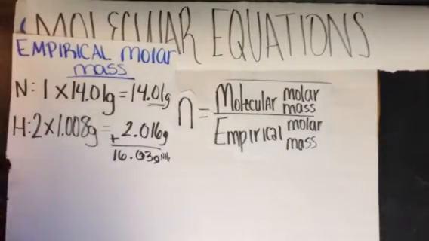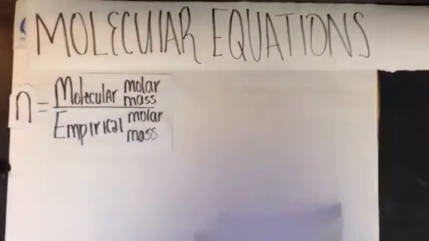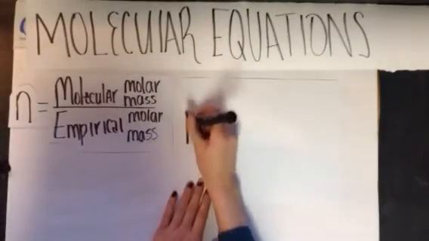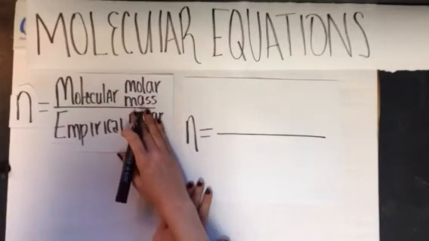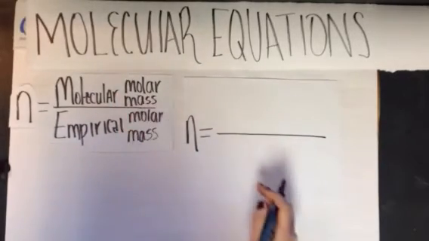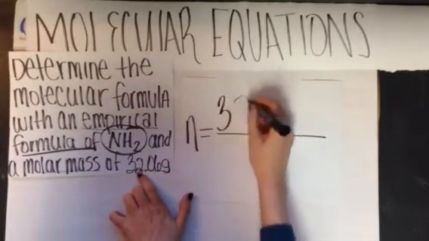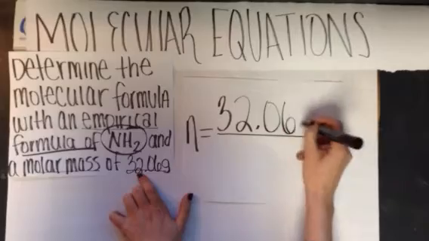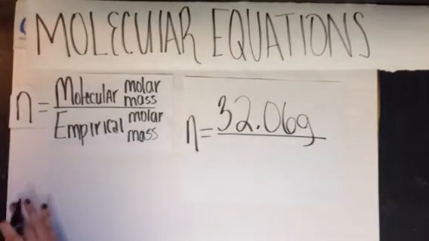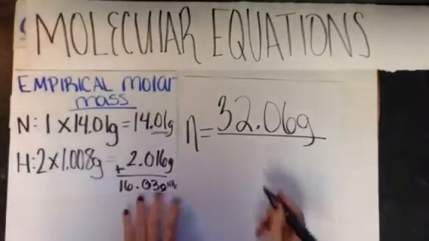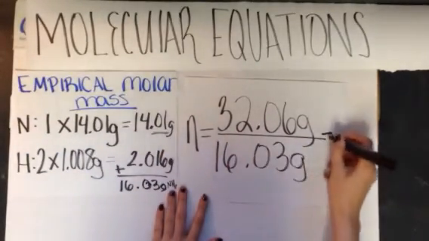All right, so now that I have my information, I'm going to plug it into my equation. n is equal to molecular molar mass on top. Again, from my problem, that was 32.06 grams. And my empirical molar mass goes on the bottom. From my calculation, that was 16.03 grams.